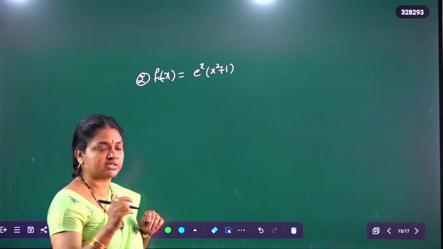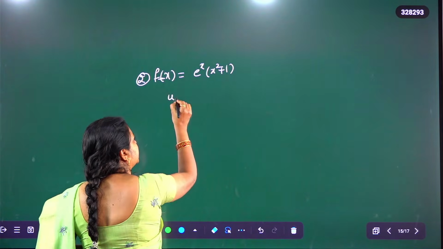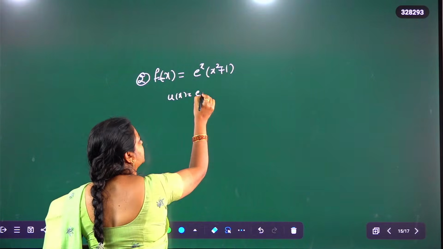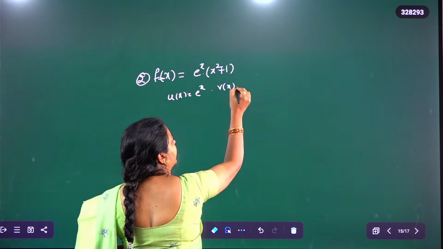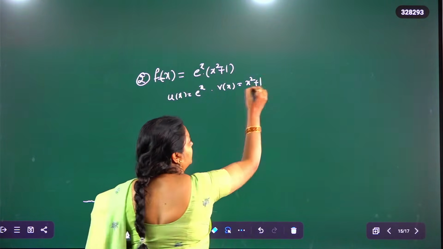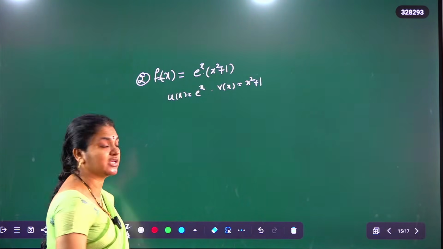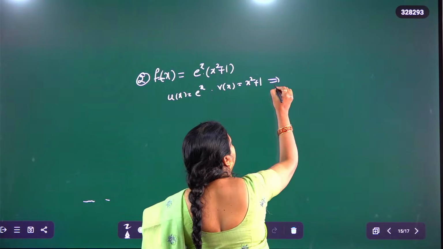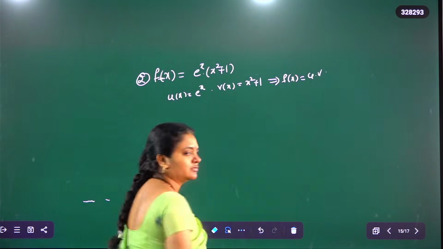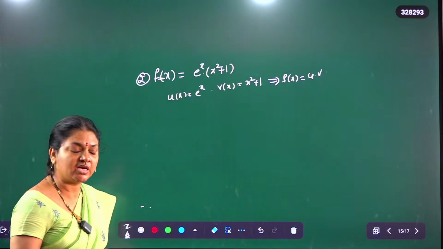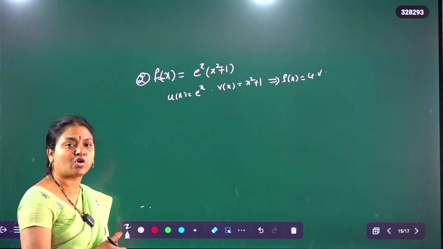Here we have two functions, so we will say u of x and v of x. One is e power x and the other is x square plus 1. How is the function changing? F of x is equal to u into v. U into v means we can apply the product rule.